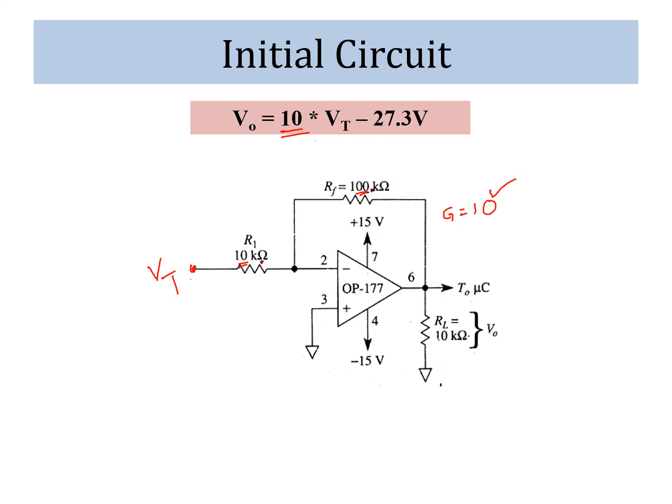It means if we have an input voltage of 2.73 on this side, it will get multiplied by 10 and become 27.3 volts, but we want it to be 0. So we also have to take care of this particular thing.